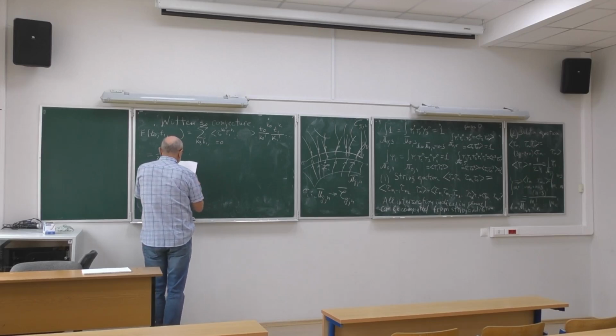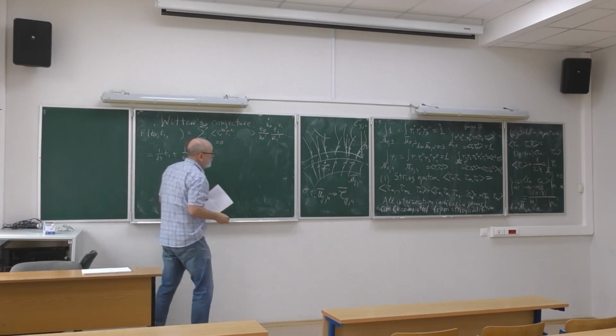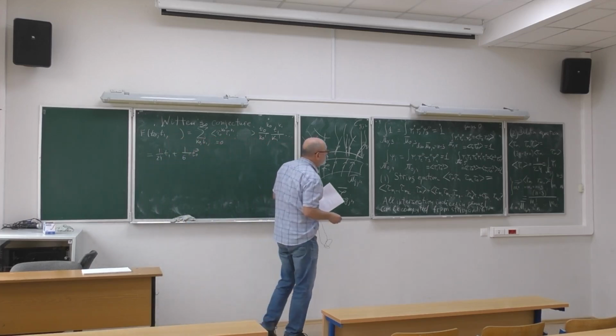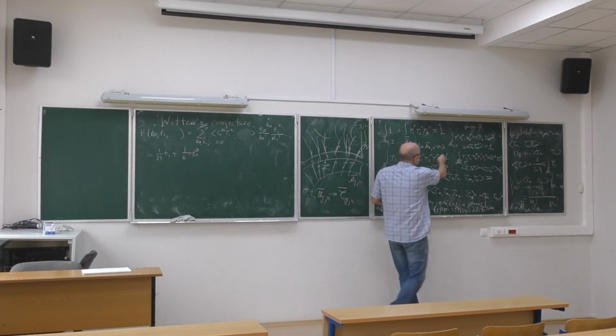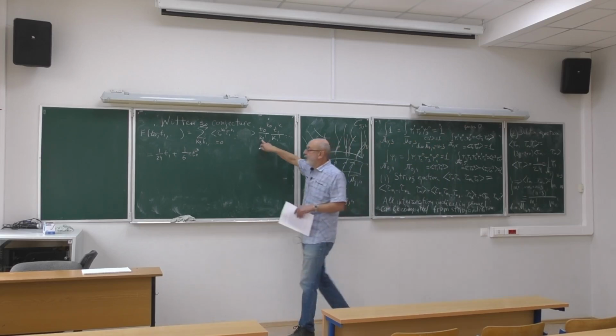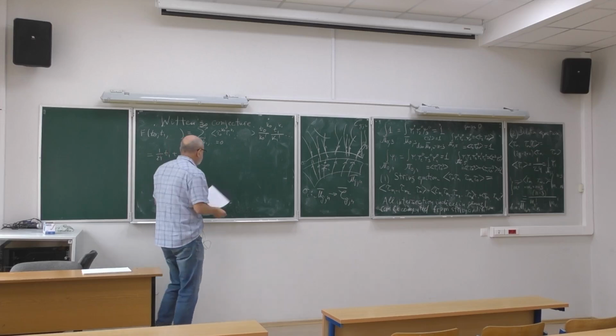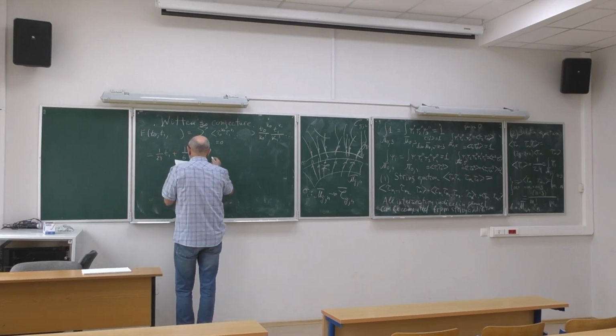Then 1 over 6 t0 cubed. You remember that tau 0 cubed is 1, and we must divide by the factorial of the degree, and so on and so forth.